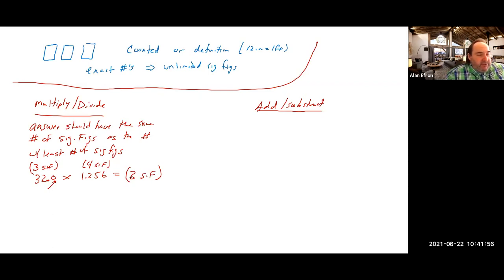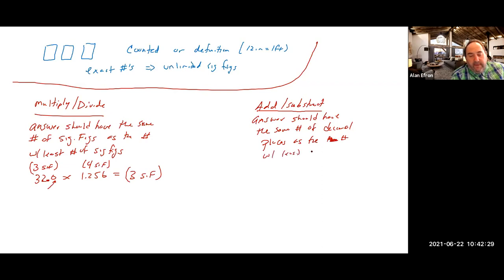When we add and subtract, we're actually looking at something slightly different. We are looking at actual decimal places. So when we add and subtract, the answer should have the same number of decimal places as the number with the least number of decimal places.